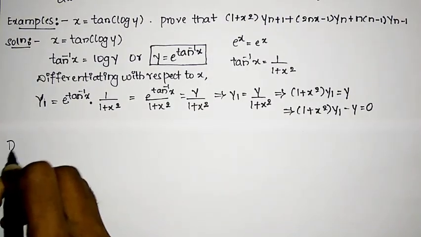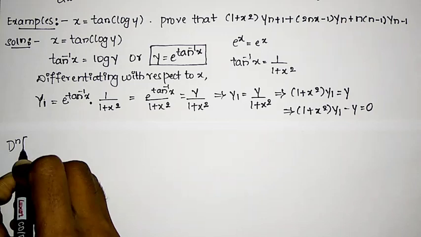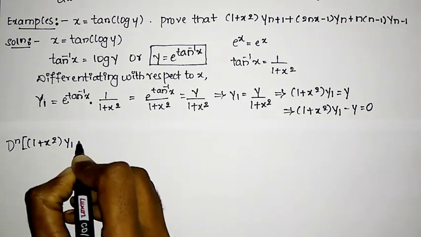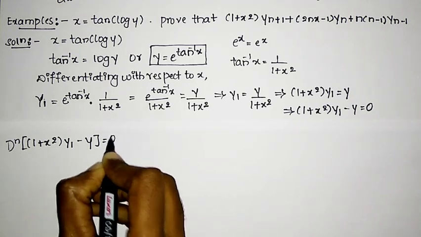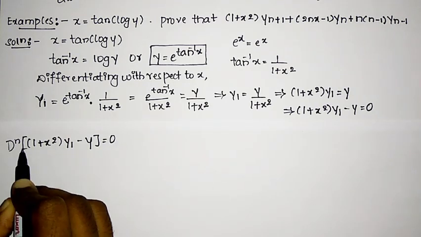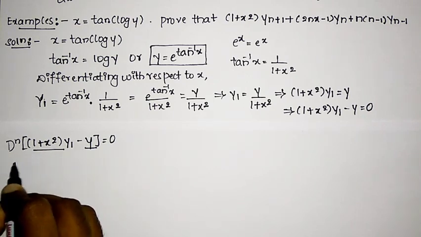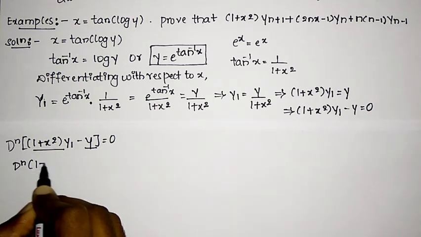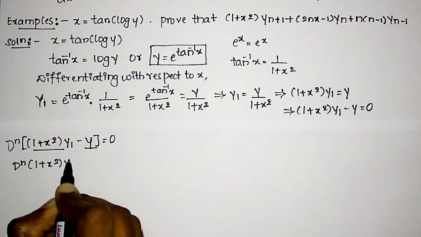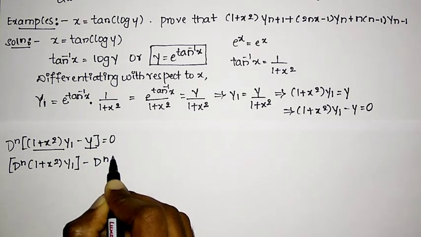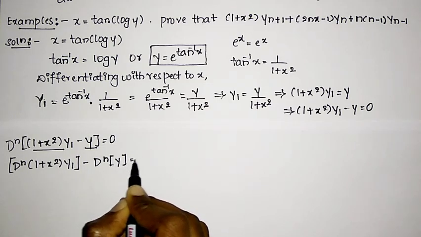Apply the nth derivative, that is d n of 1 plus x square into y1 minus y is equal to 0. Now we need to apply the nth derivative for each term separately: the nth derivative of 1 plus x square into y1 minus nth derivative of y is equal to 0.